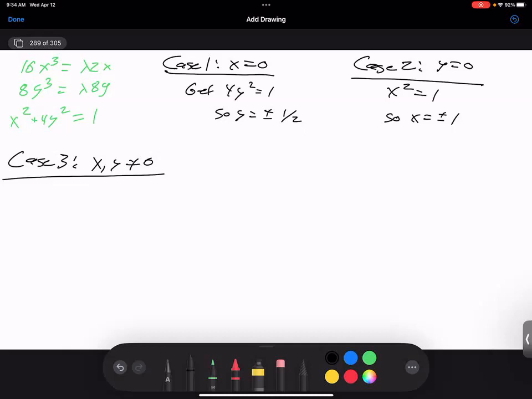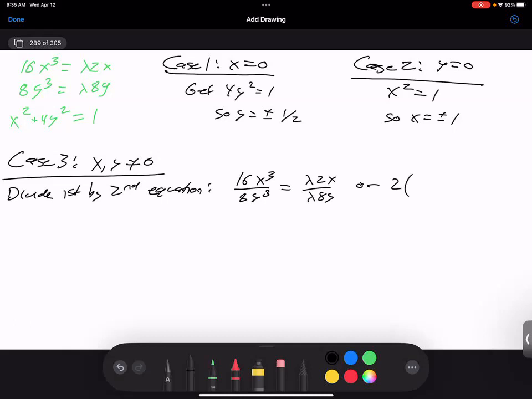What I would actually do is take the ratio of the first divided by the second equation. So divide first by second equation. And this will give you 16x cubed over 8y cubed equals lambda 2x over lambda 8y, or 2x over y cubed is equal to 1/4 x over y.